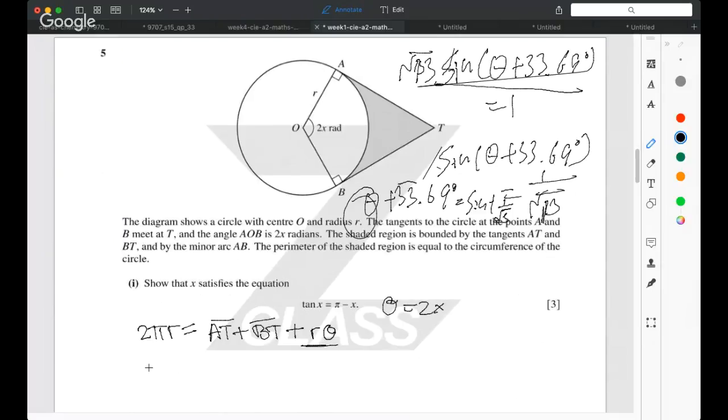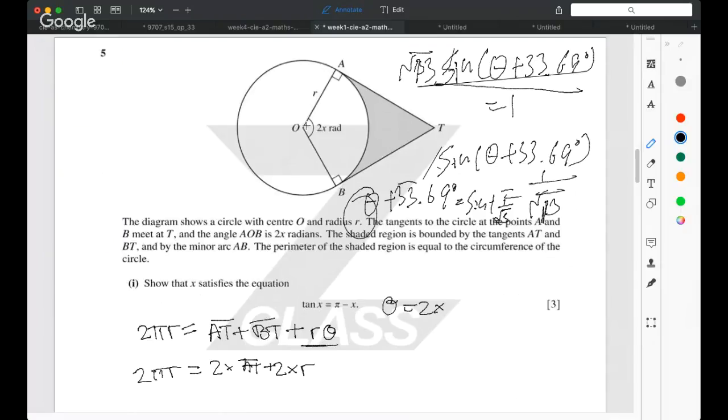Okay, so now I can rewrite this in terms of r equals 2 AT, because they're the same length, and the arc is 2xr.